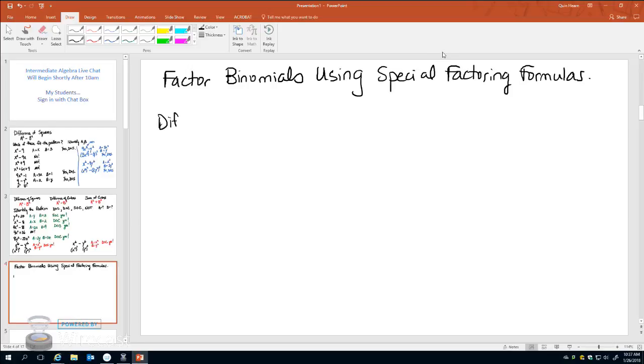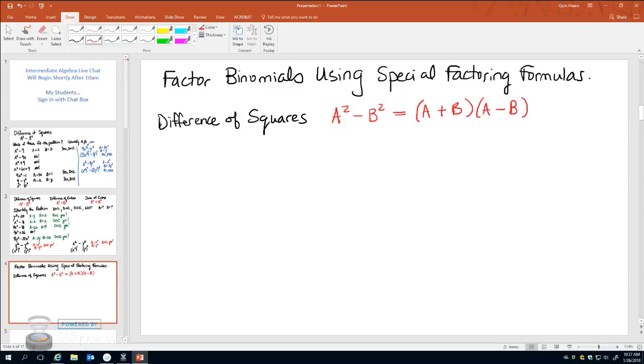First of all, we saw difference of squares. The difference of squares looked like a squared minus b squared. And you may have learned previously that a difference of squares always factors into what I call conjugates. That means the same two terms, but with a different sign in the middle. a squared minus b squared factors into a plus b times a minus b.